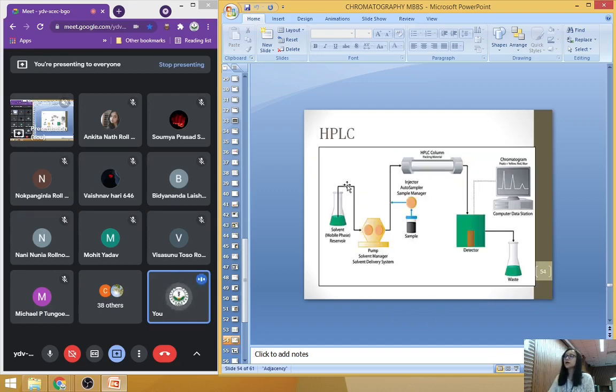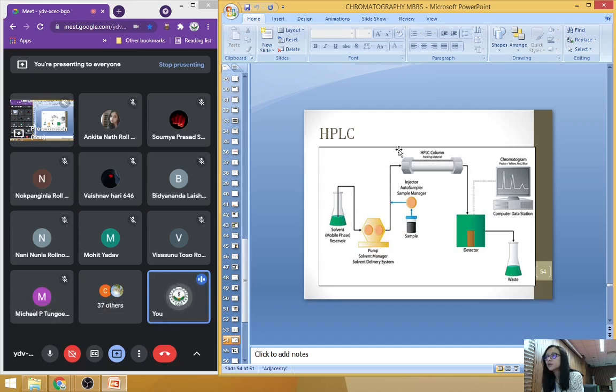In high performance liquid chromatography, in our lab we have one HPLC which we use to estimate HbA1c. If you want, you can come and check in the lab. This is just a schematic diagram of HPLC. Here is the mobile phase in the reservoir. Then we have a pump, then the HPLC column.